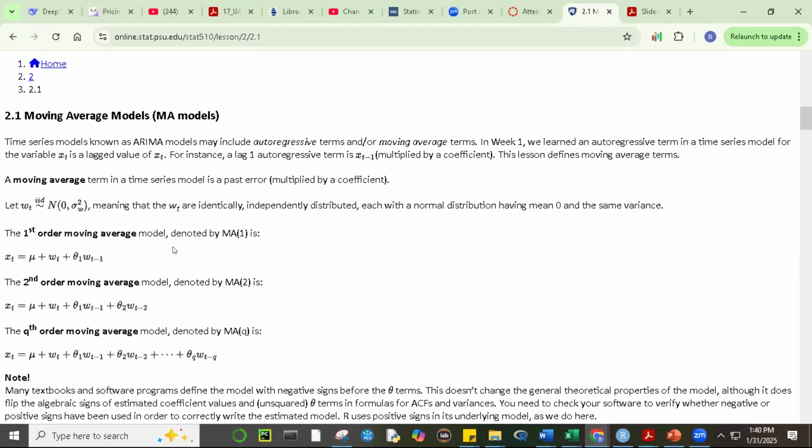So this is your MA1 process. Only the representation of the variables is different. So this is your alpha null, this is your average, plus your epsilon sub t plus theta 1 epsilon t minus 1.